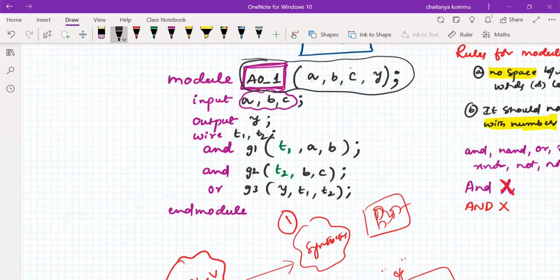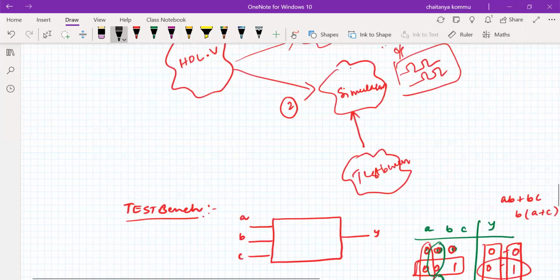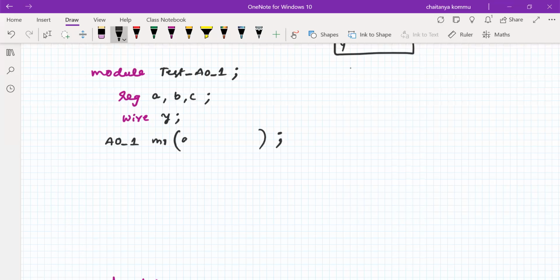First A, B, C, Y I have given. The same names I have to give here also: A, B, C, Y. That's what we have to remember. This is called component instantiation.